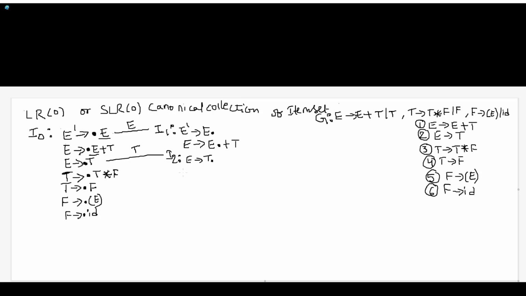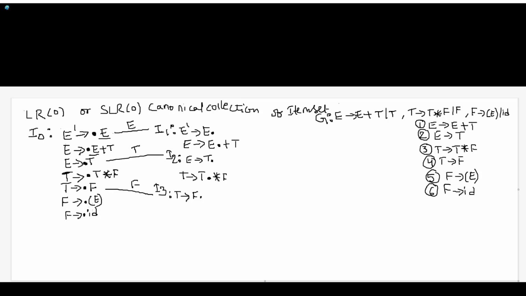So we need to include it in the same item set, that is T derives T dot star F. Now come to the next production. See here, again F is a new symbol. So take another item set, that is I3, to shift for F. So I3 will be T derives F dot.